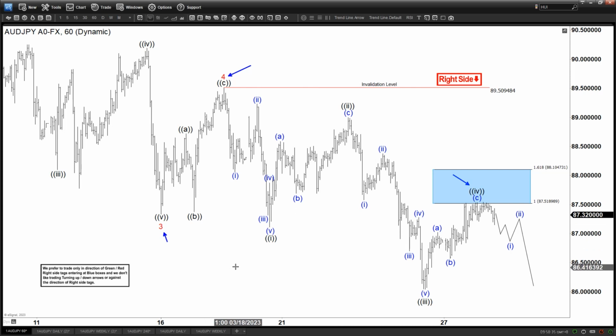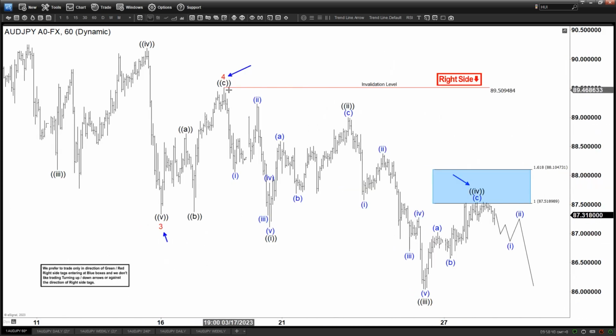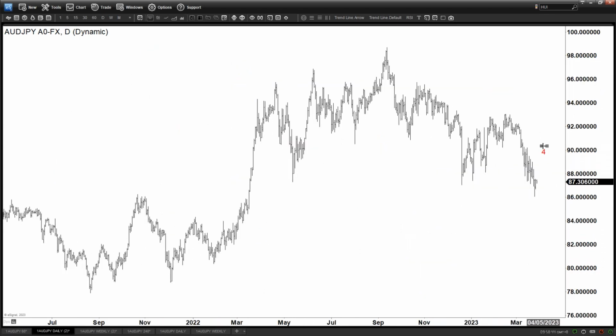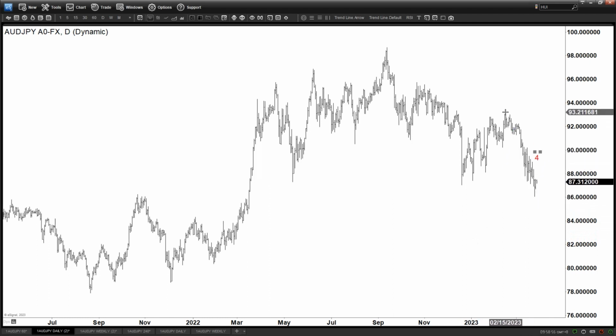So if I zoom out a little bit, then the 5 waves down we're talking about here is, if I look at the daily time frame, it should be the 5 waves down from here. That's the 5 waves down we're talking about. This is the cycle that started from February this year, February 15.